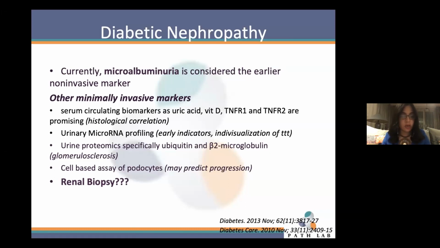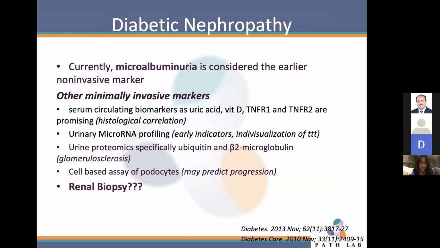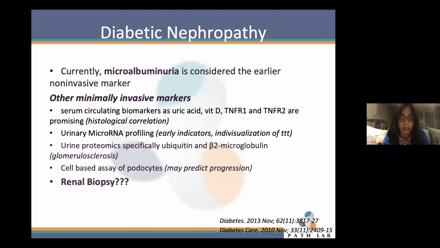You can try urinary microRNA profiling. They could be early indicators. You can try urine proteomics. Of course, these things are not currently available, and they are not bedside for the patients. Or cell-based assay of podocytes, maybe. These are the things which are described in the literature, and they are quite sophisticated. So what about renal biopsy?